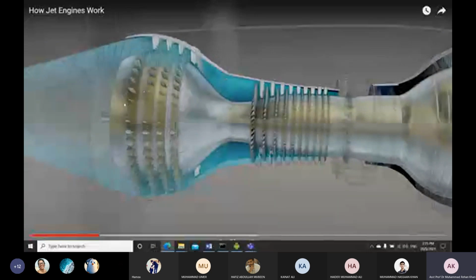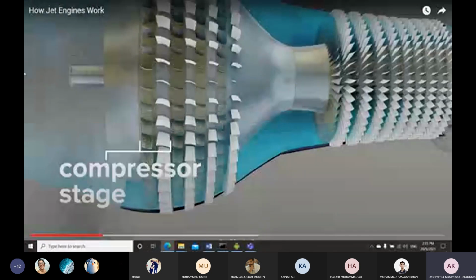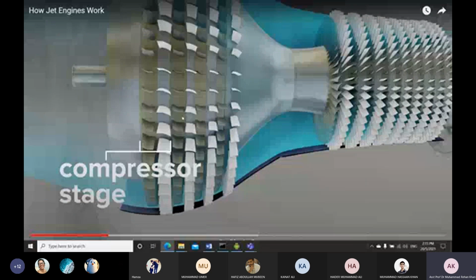Whenever the flow passes through these blades, the pressure increases. These are called the compressor stages. Usually there are many stages inside the compressor. We call the stage at the inlet section the low pressure stage, and as we move towards the combustion chamber, there is a high pressure stage.